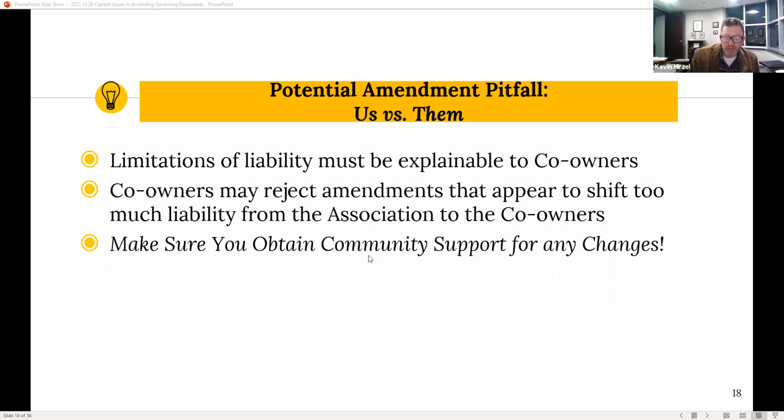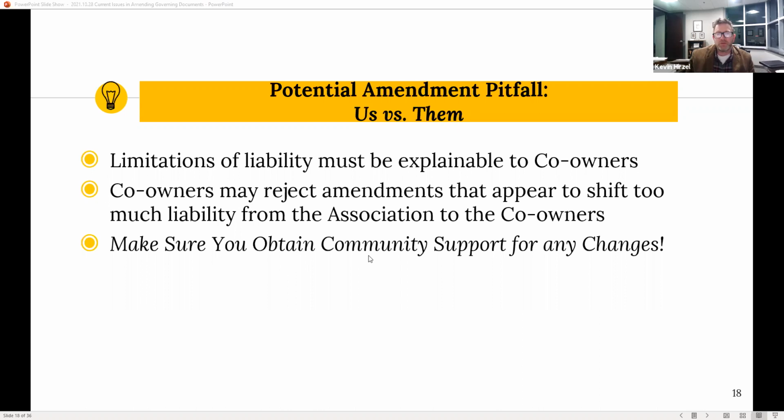You're trying to protect the community and administer the condominium or your HOA in the best way possible. If it appears to the community that you are engaging in what I call us versus them, where you are incredibly overprotective of the association and pushing too much onto the co-owners, remember, you still need to get to that 2/3 vote in the condo and at least a majority vote elsewhere, usually with respect to HOA documents.